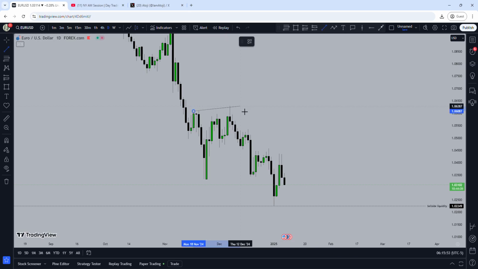So for the dealing range, this was the previous high that created this low, but then it took out this high with a failure to displace.